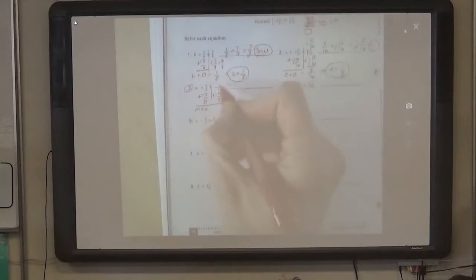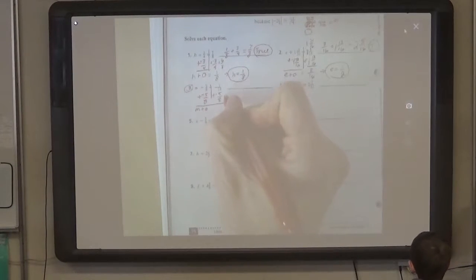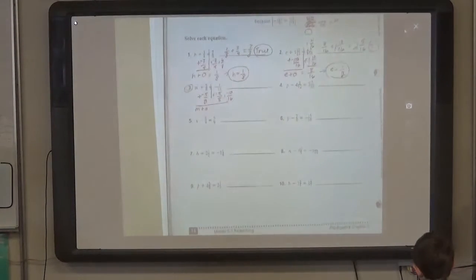Now, negative 3/16 plus negative 5/8. What's the common multiple? It's in the denominator, 16. So it equals negative 10/16. And then you would add them because they're both negative.